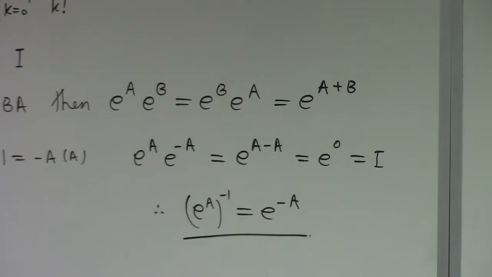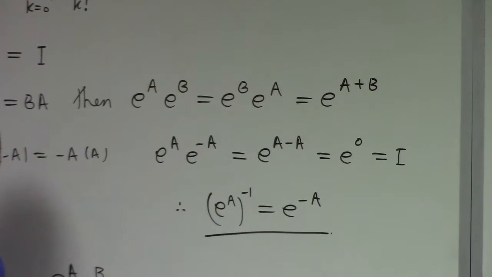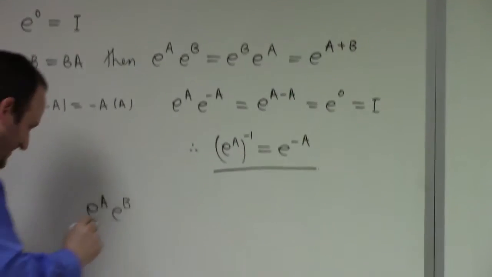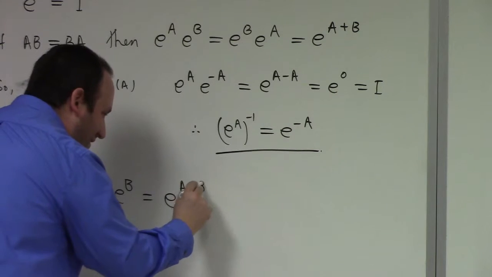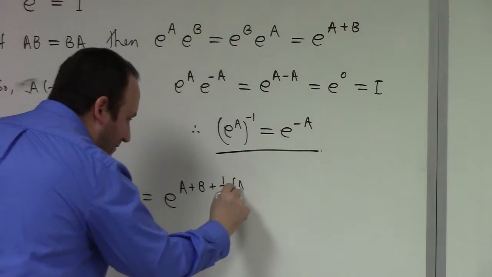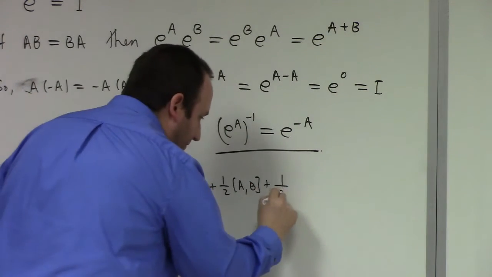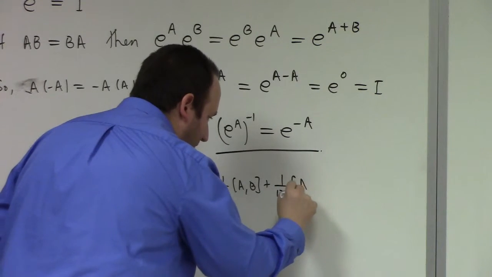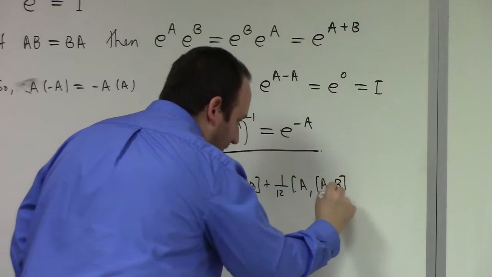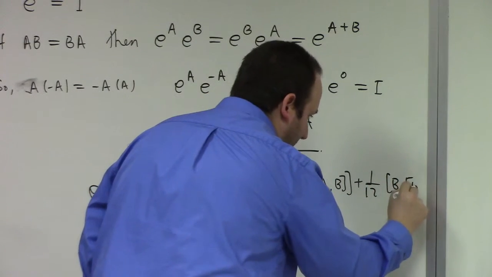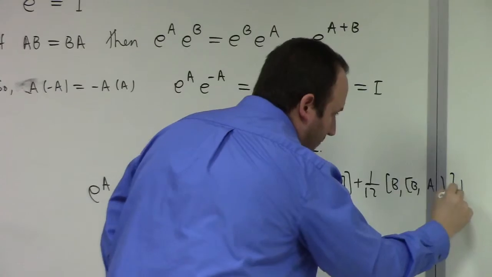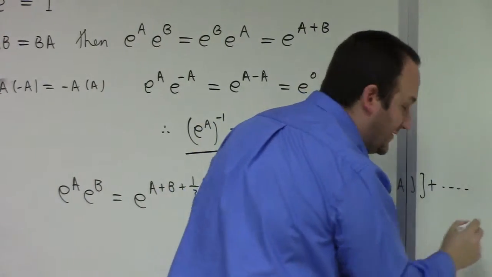That's pretty cool, right? Don't get too carried away, though. Suppose A and B don't commute, then it's something like this. e to the A plus B plus 1/2 the commutator of A and B plus 1/12 the commutator of A with the commutator of A with B plus 1/12 the commutator of B with the commutator of B with A plus higher nested commutators.